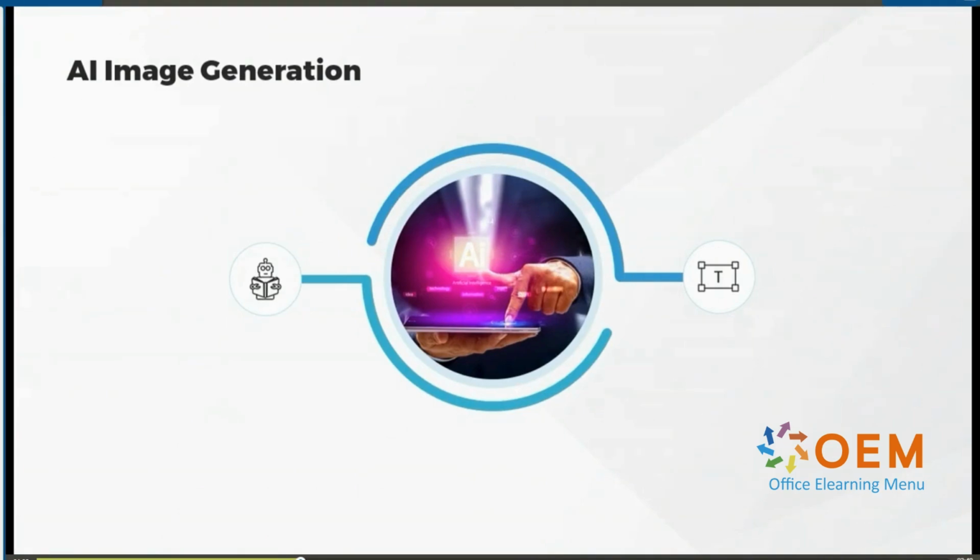Now, there's also some image generation concepts that we have to look into, right? An AI image generator has what's known as a machine learning principle behind it. What we're using here are machine learning algorithms that can learn from these large data sets, in this case images. And what we're going to do is allow it to create new images that are similar in style and content to the original data set.